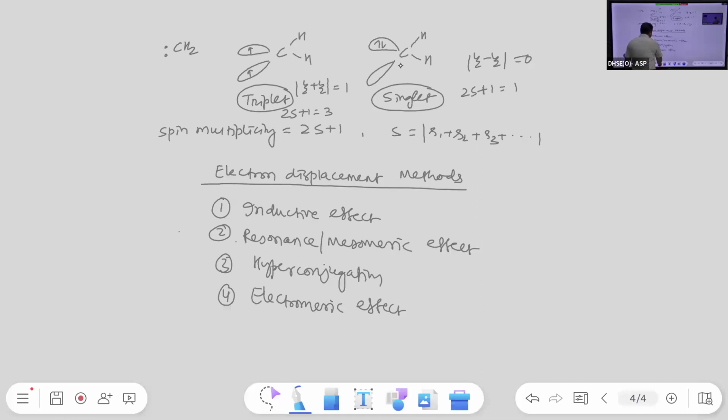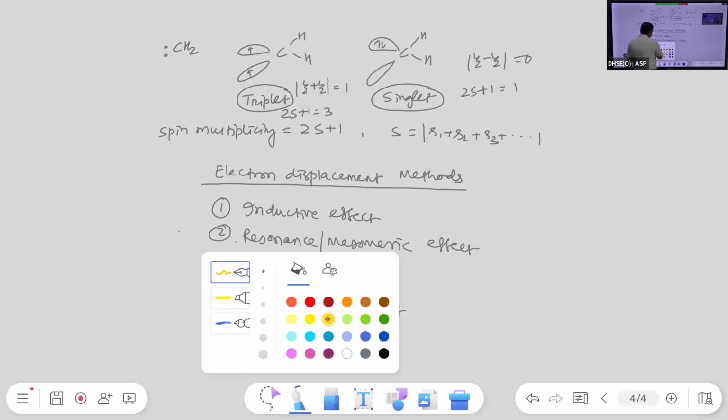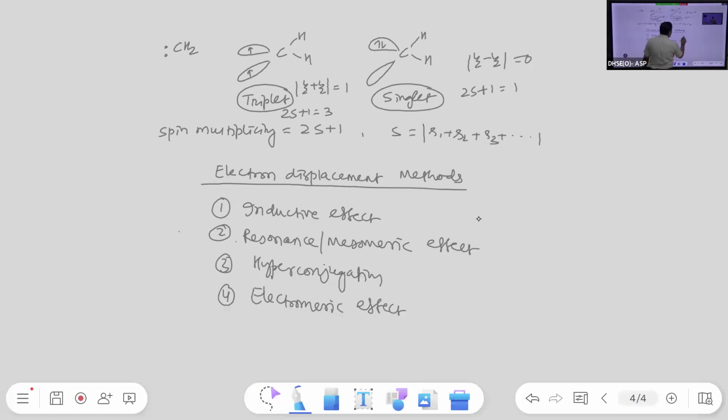That's another thing. Among these methods, the first 3 are permanent effects and the last one is temporary. Note down. Permanent means it cannot be changed.